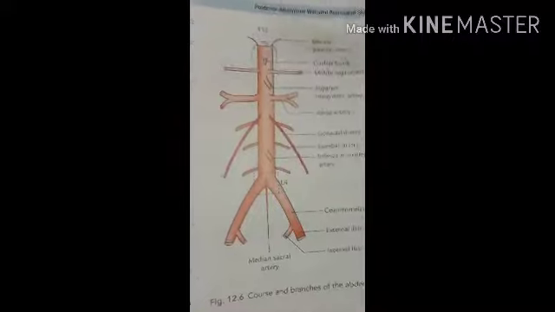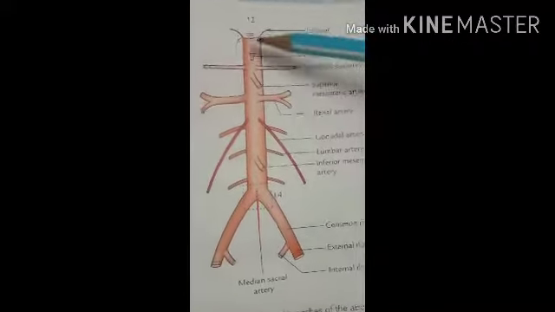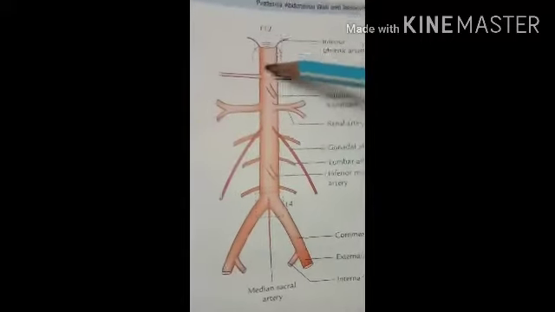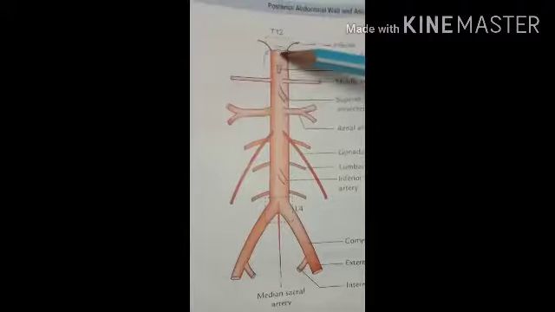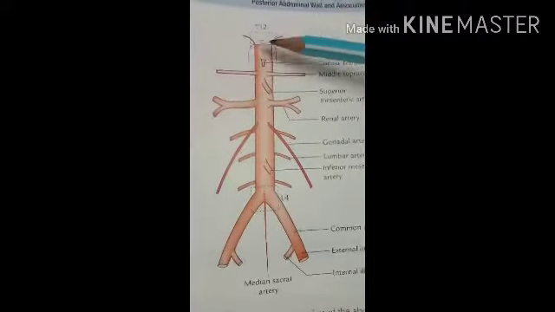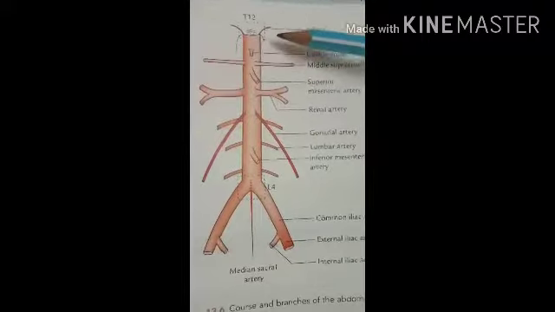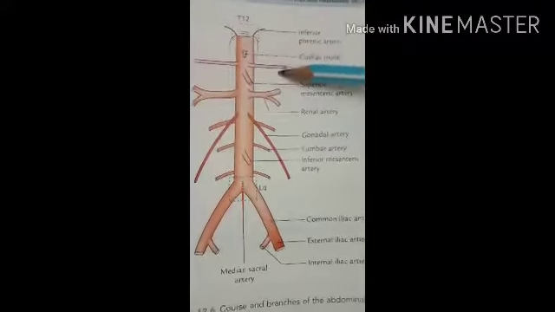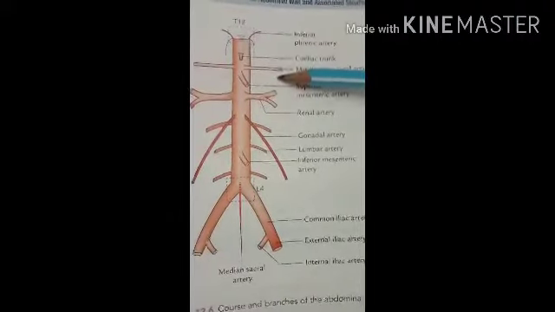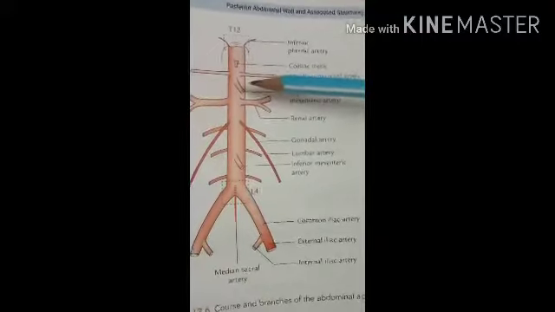First we have to see the three unpaired branches. Here you can see the first branch, this one, the coeliac trunk. It is a short wide vessel, about 1.25 centimeters, and it arises in front of the abdominal aorta immediately below the aortic opening, at the level of T12 and L1 vertebra.